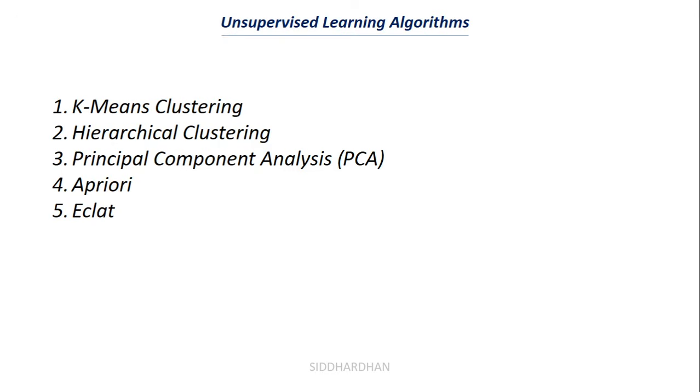Now let's see what are some important unsupervised learning algorithms. Apart from these five algorithms, there are also several other unsupervised learning algorithms, but these five are very important. We have k-means clustering and hierarchical clustering, which are examples of clustering. And there is another algorithm called principal component analysis, which is used to reduce the dimensions of our data.